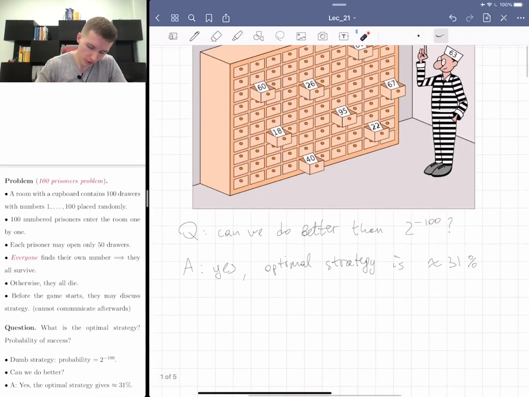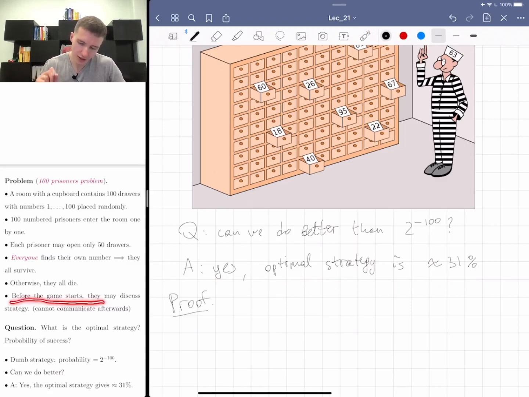So here is a proof. If you want to think a little bit more now that you know the answer, then feel free to pause the video again. So how do I prove it? Remember, the rules of the game are that the prisoners are allowed to discuss the strategy before the game starts, but not after the game starts.